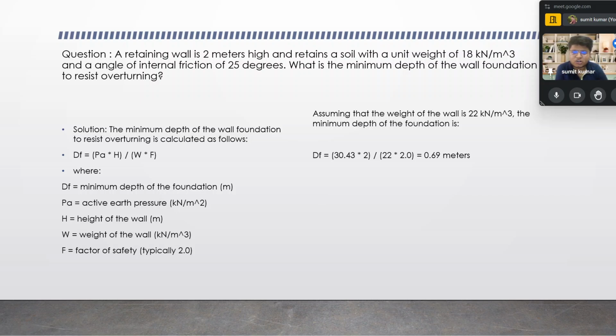A retaining wall 2 meter height retains a soil of unit weight 18 kilonewton per meter cube, angle of internal friction 25 degree. What is the minimum depth of wall foundation to resist overturning? We have not read this yet.